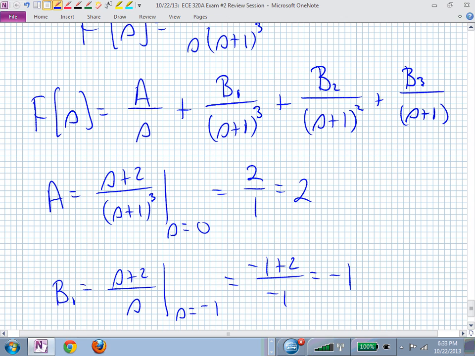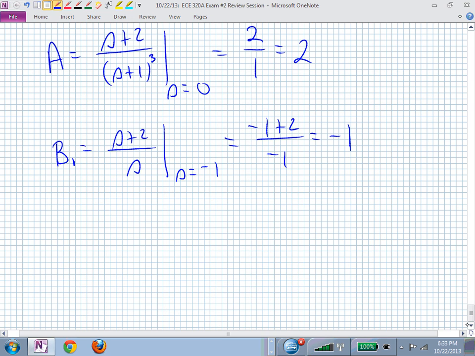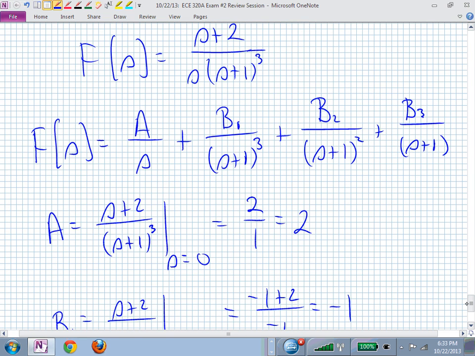And I can do that by using different strategies. Did anyone use the limiting strategy where you multiply everything through by S and let S go to infinity? You didn't do that? Let's try that.